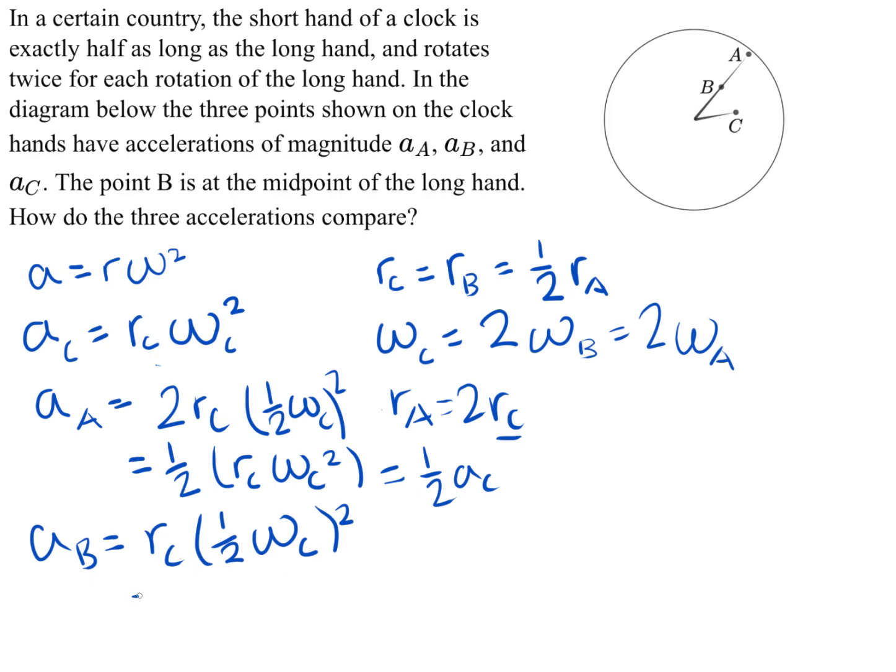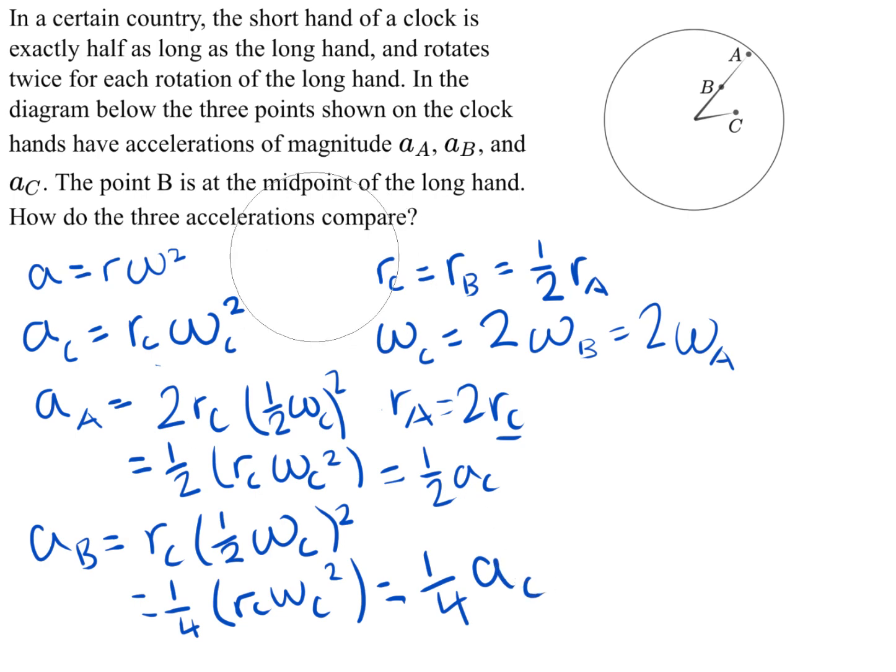So we end up with 1/4 times the centripetal acceleration of point C. And this is simply 1/4 the centripetal acceleration of point C.